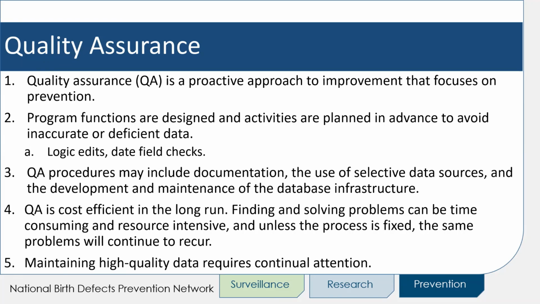QA is cost efficient in the long run. Finding and solving problems can be time-consuming and resource-intensive, and unless a process is fixed, the same problems will continue to recur. Maintaining high-quality data requires continual attention.